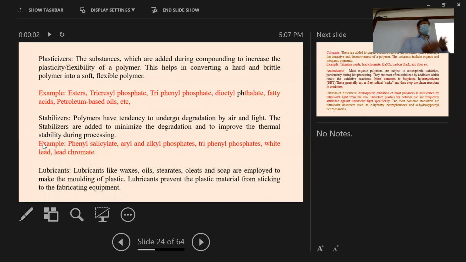But if you reduce the temperature, it can easily become hard, and it is not easy to transfer. So if you add some lubricants, in that case it is easy to transfer. So when we are making these types of materials, we can add some lubricants so that it is easy to transfer.